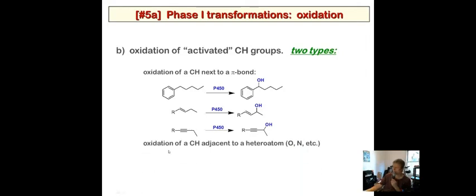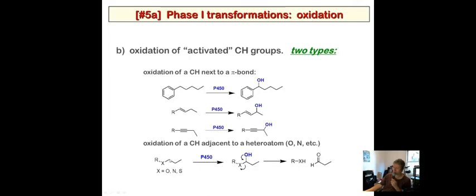And then the other situation is oxidation of a CH adjacent to a heteroatom. So oxygen or nitrogen will also give a stable transient radical intermediate. Okay, so here's an example. If I have R and then X being oxygen, nitrogen, or sulfur, P450 can oxidize this position.